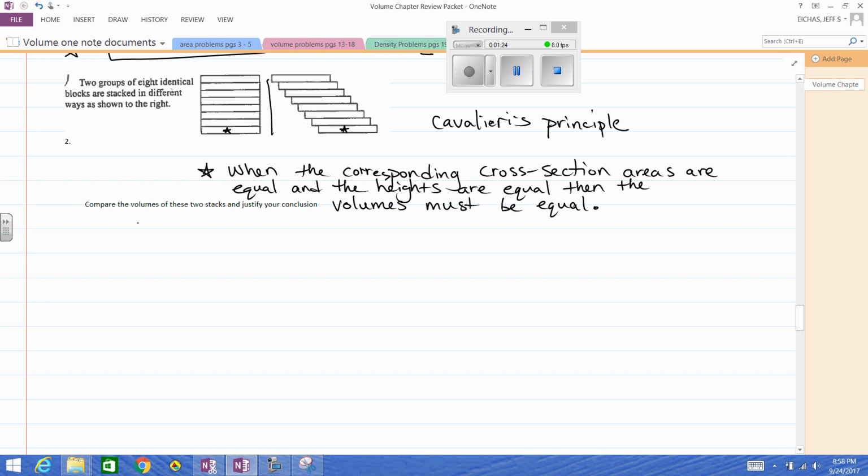Okay, so compare the volumes of these two stacks: equal volumes, and then we'll refer back to the above. Okay, that's your justification. So pretty simple on that one.